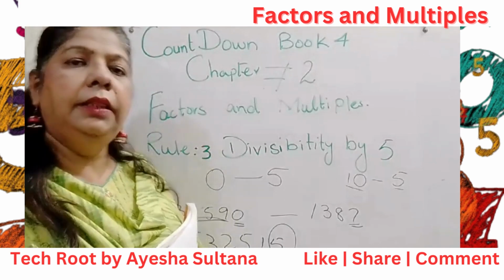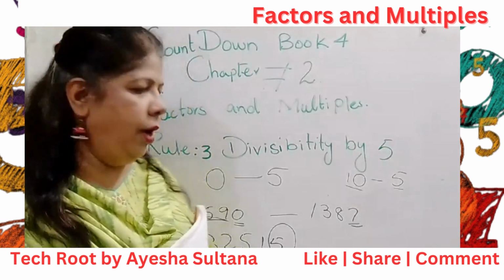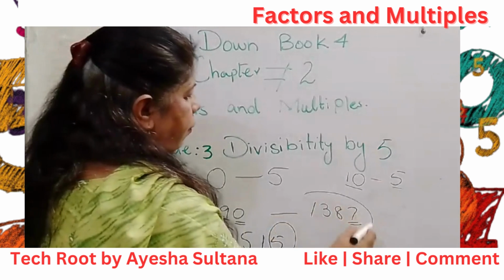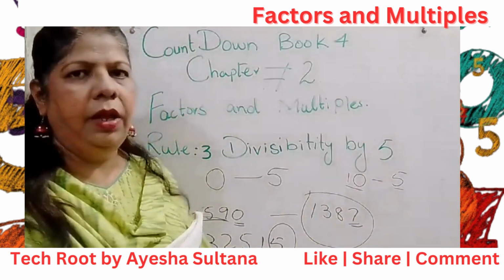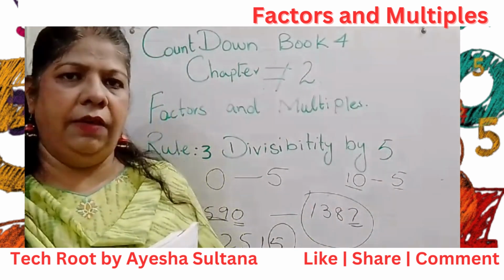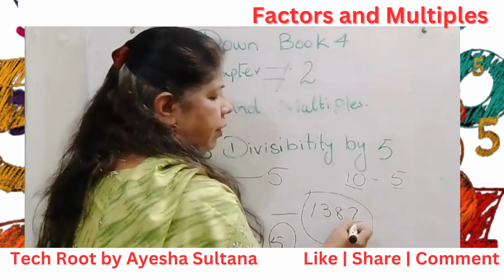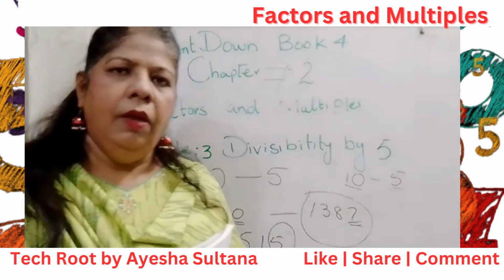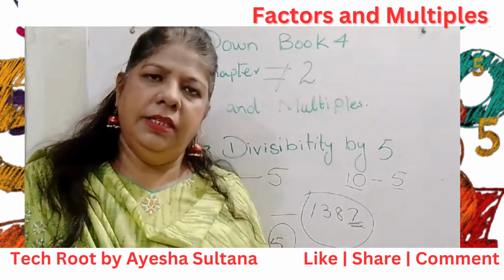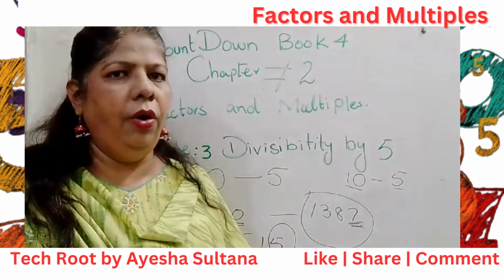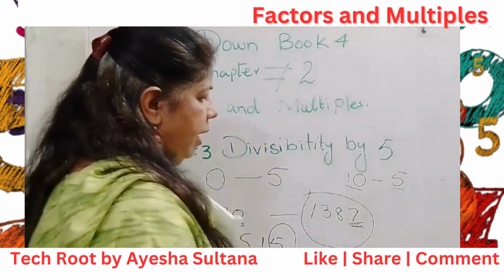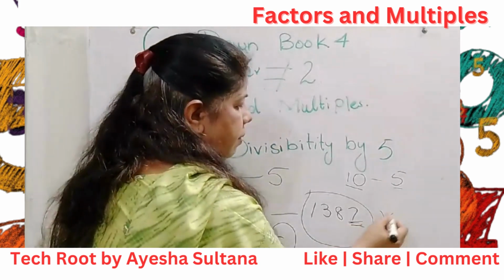It means it will be divided by 5. One more number we will see: 1387. Is 1387 divisible by 5 or not? See the last digit, 7. Can 7 be divided easily by 5? No. So this is not divisible by 5.